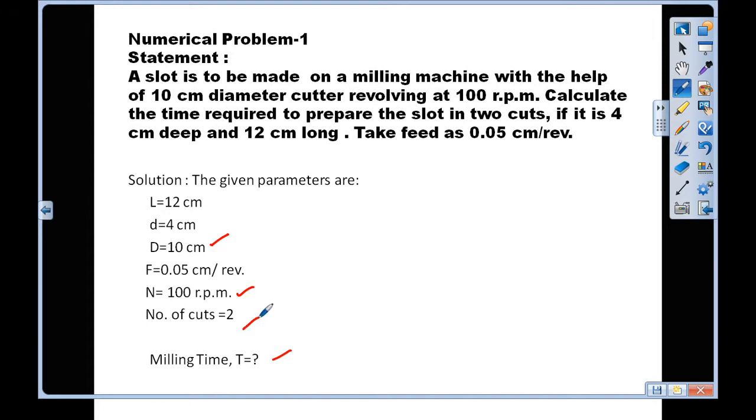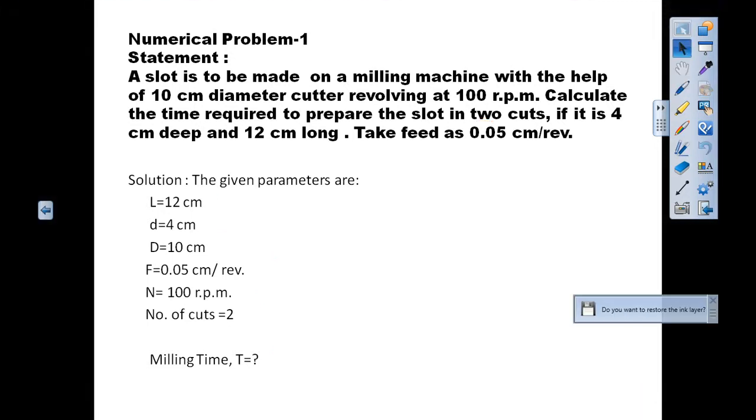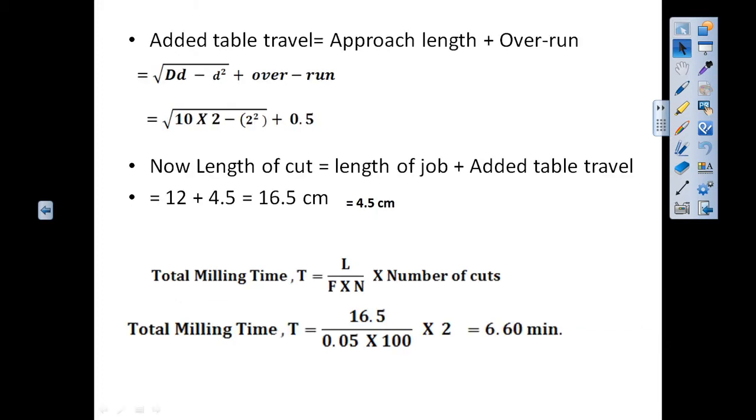The number of cuts is 2. The depth is 4 centimeter, the length of the job is 12 centimeter, and feed is 0.5 centimeter per revolution. So these are the given parameters.